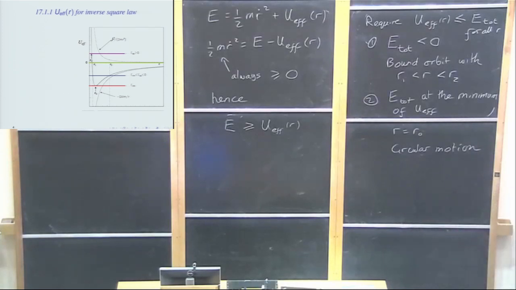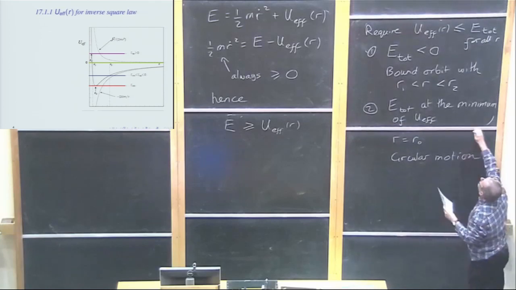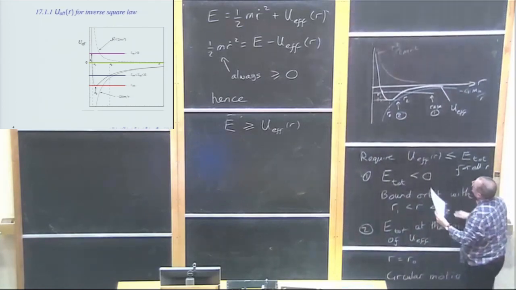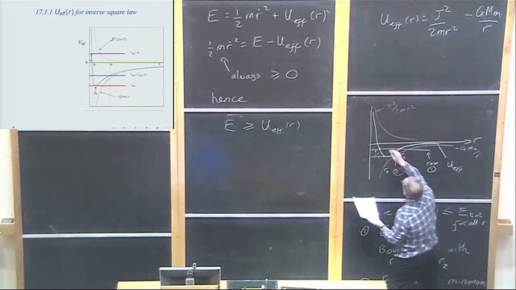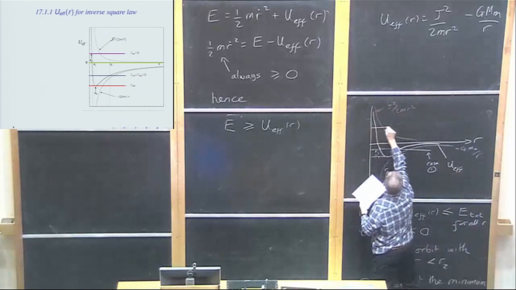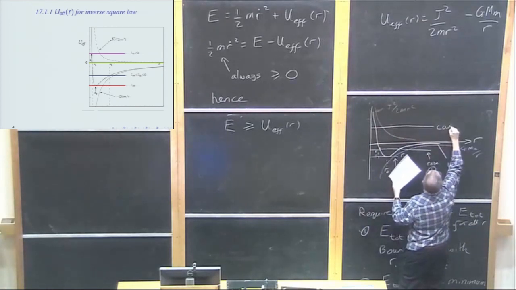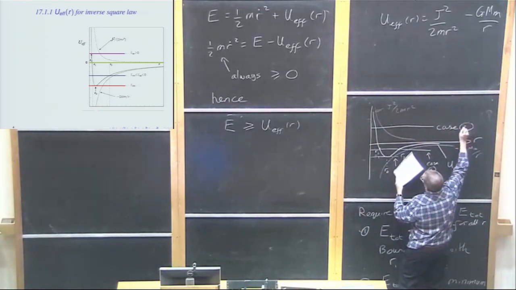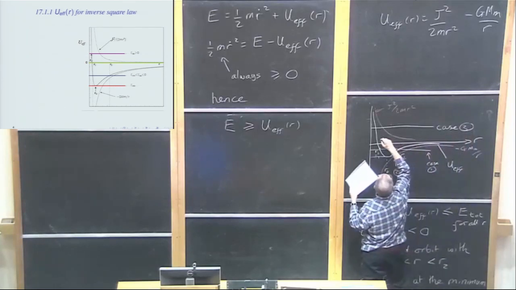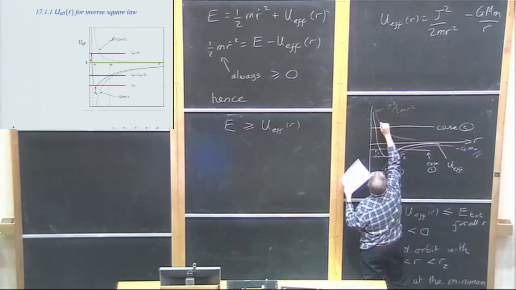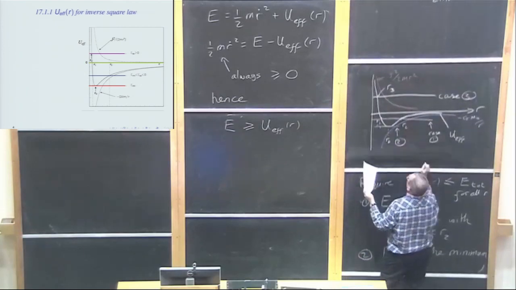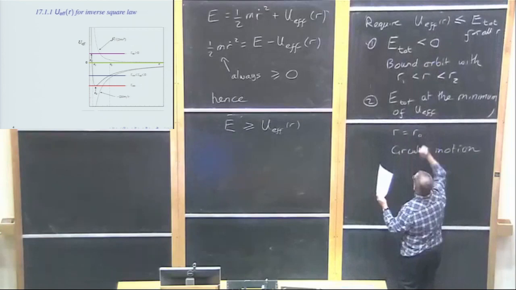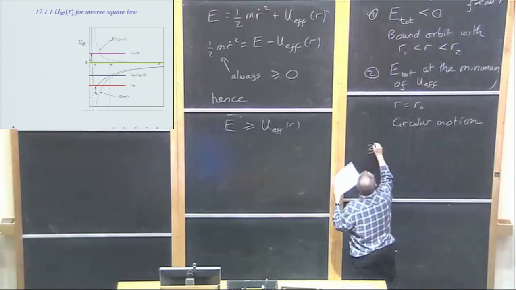Now there's a third case. Sorry, I have to keep on moving the boards back up and down, but this will be the last time. Third case is when the energy is higher. So the energy is up here. So this is case 3. Here there's an intercept at R subscript 3.